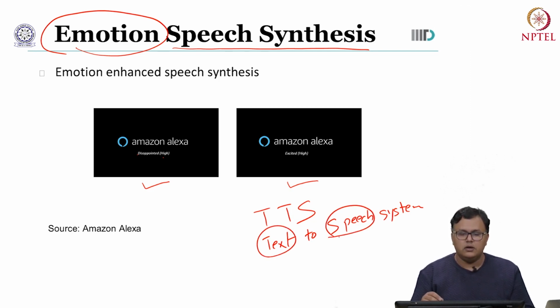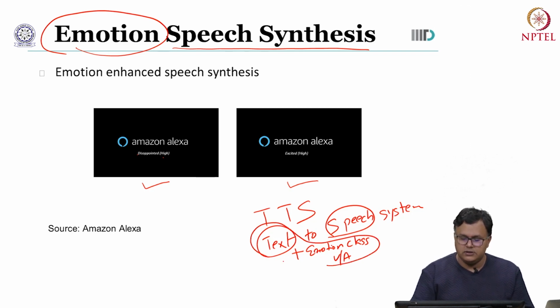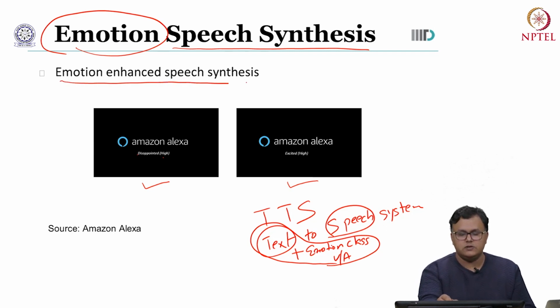For emotional speech synthesis, along with the text input, we also need to give as an input the emotion class, or could be, let's say, the valence arousal intensities. Now with these two inputs to your TTS, one would then get emotion enhanced speech synthesis.